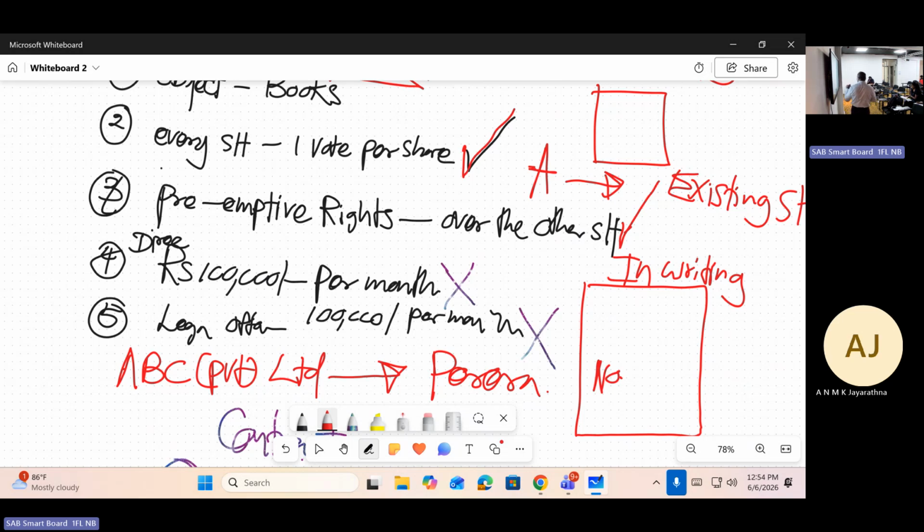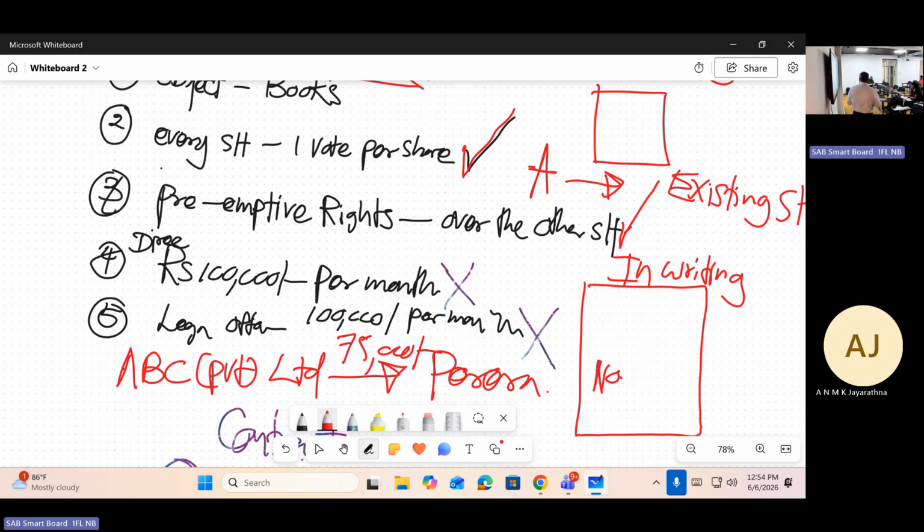Then what happened? After he was appointed as a director of this company, the company has attempted to pay him a lesser amount than 100,000 rupees. Suppose the company is going to pay Mr. Pereira 75,000 rupees per month.